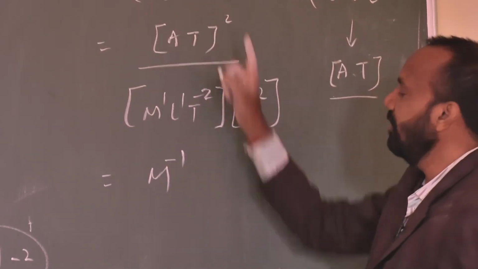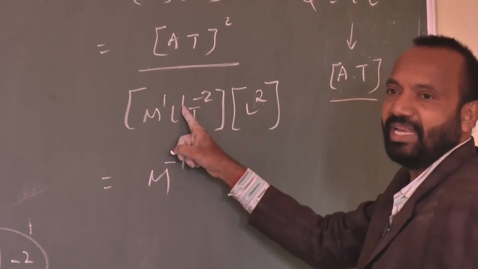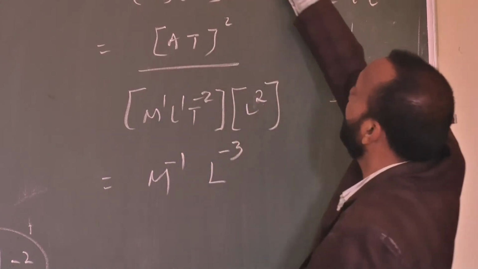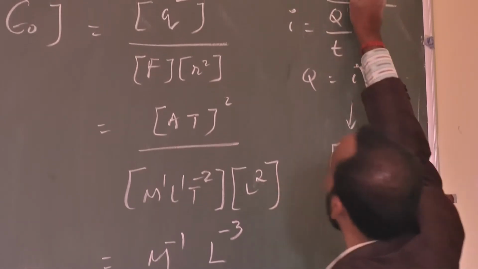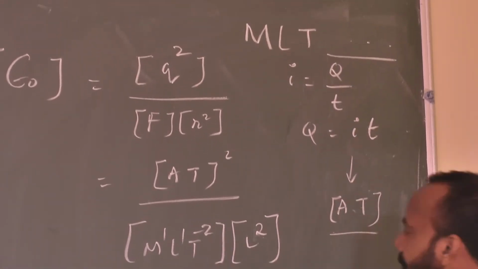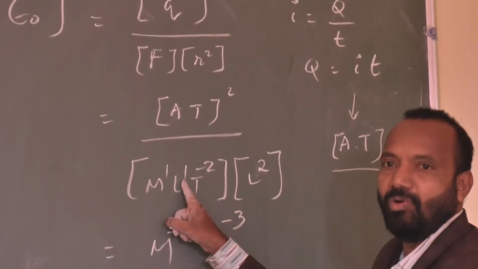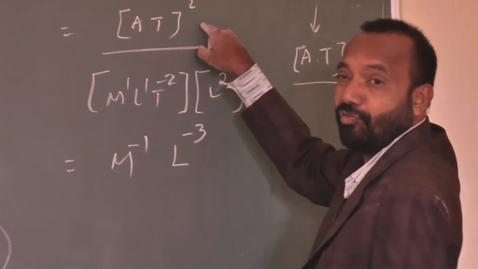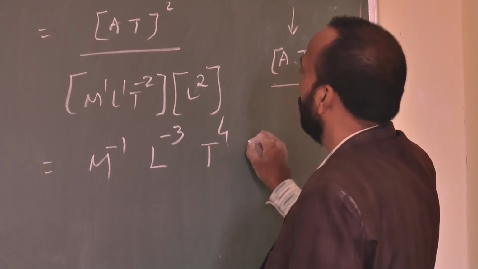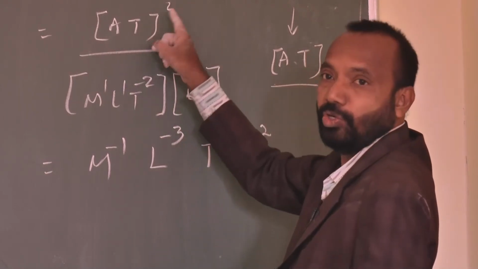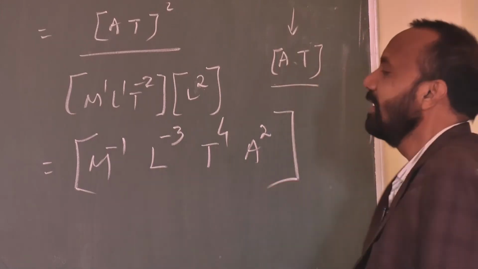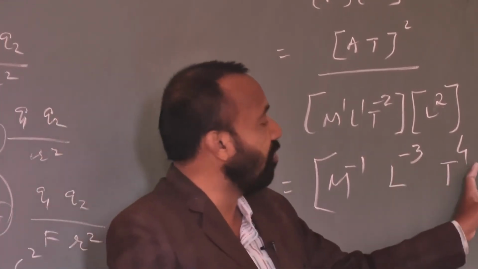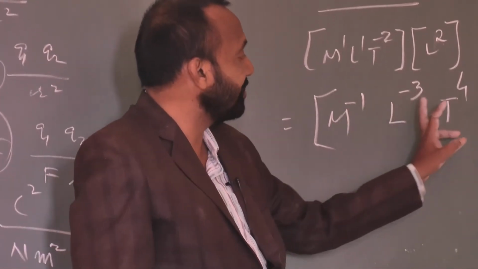In the denominator we have L cube, so in the numerator L to the power minus 3. Time: minus 2 goes to T to the power 4 along with T square, and A square is there. So the dimensional formula of the permittivity of free space epsilon naught is M to the power minus 1, L to the power minus 3, T to the power 4, A square.